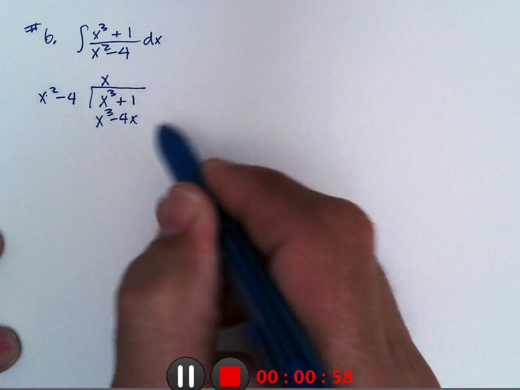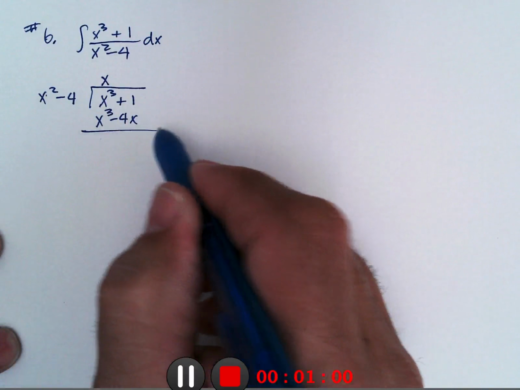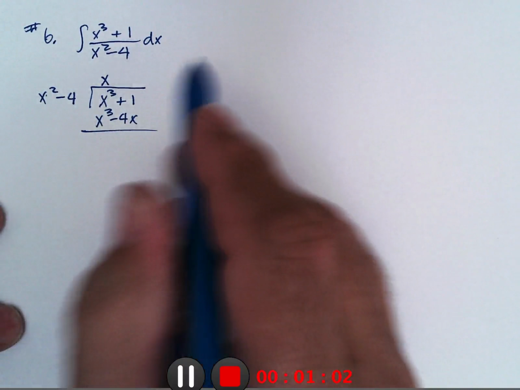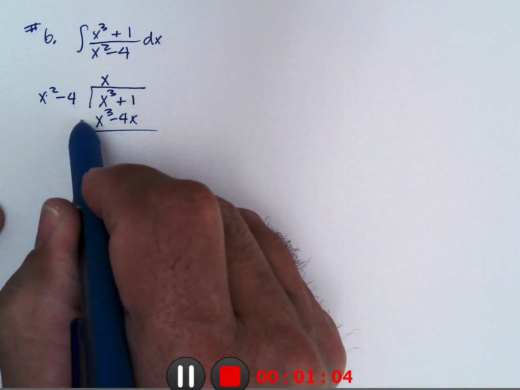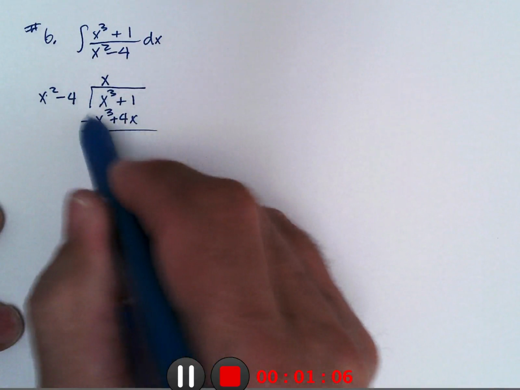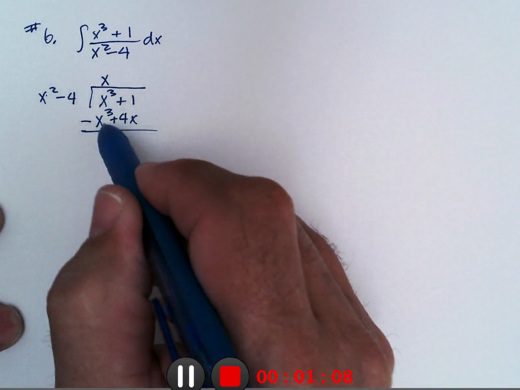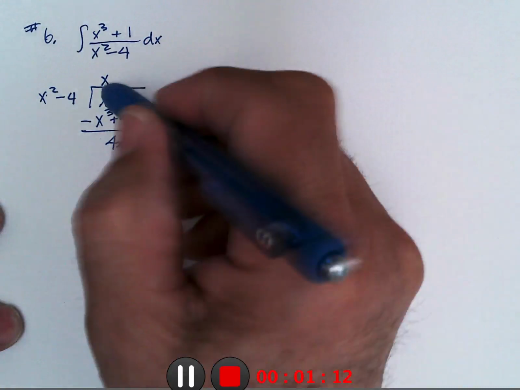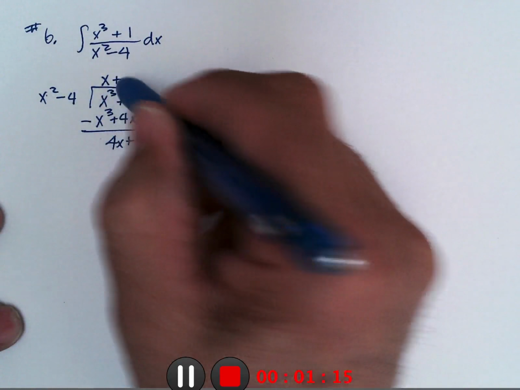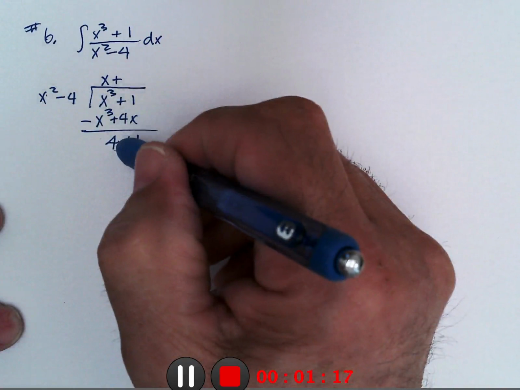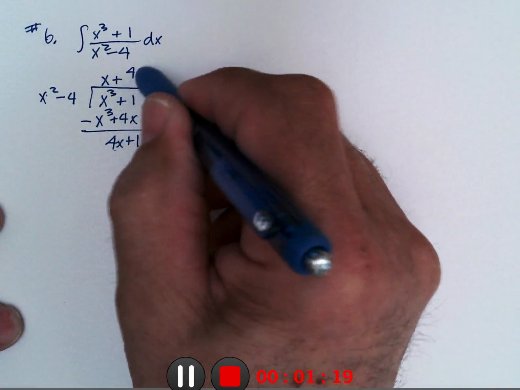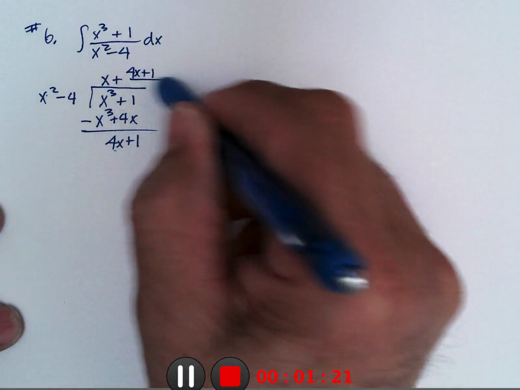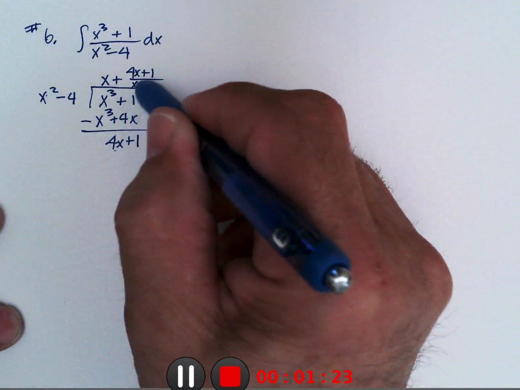And then when you're doing division, you would subtract, so you could change the signs, and now it's an addition problem. These turn to 0, and we get 4x plus 1, and that's a remainder because x squared wouldn't go into it, so we'd put 4x plus 1 over what we were dividing by, x squared minus 4.